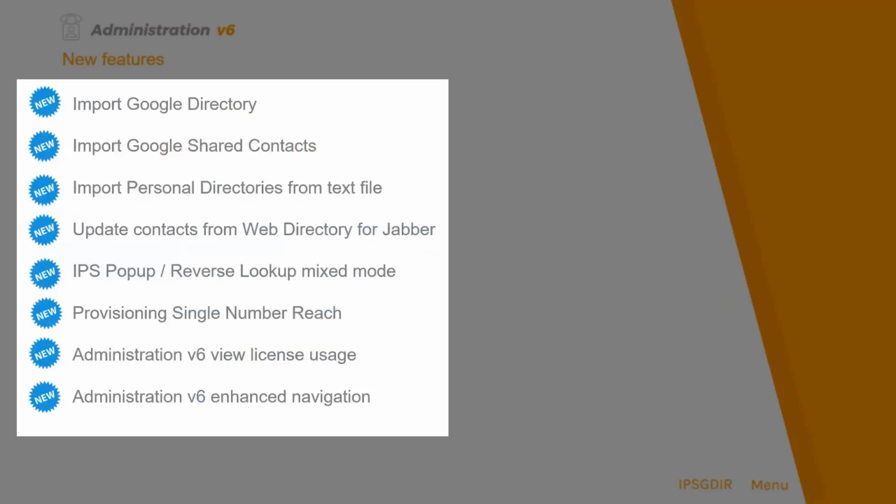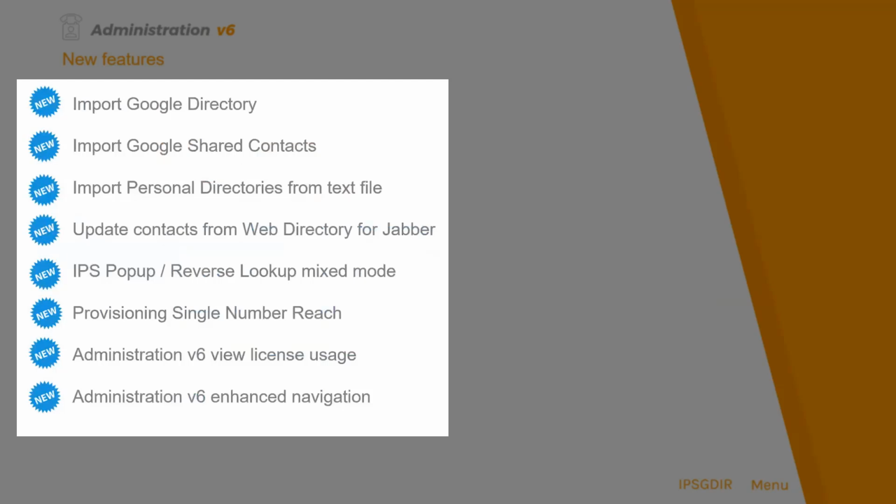Just to reiterate what we've gone over within this presentation, here are some new features for IPS Global Directory. We now have the ability to import from Google Directory and Google Shared Contacts. You can set up your personal directories to import from a text file via the web directory feature on Jabber.